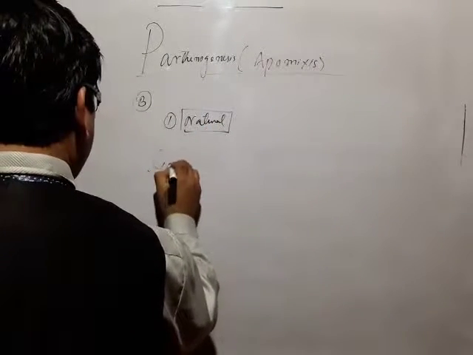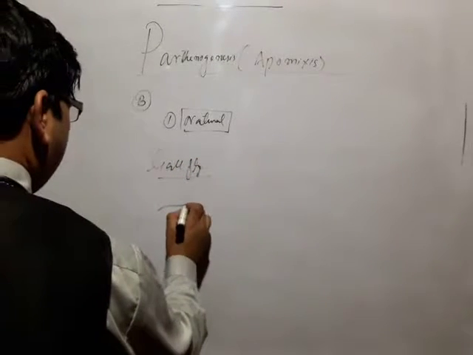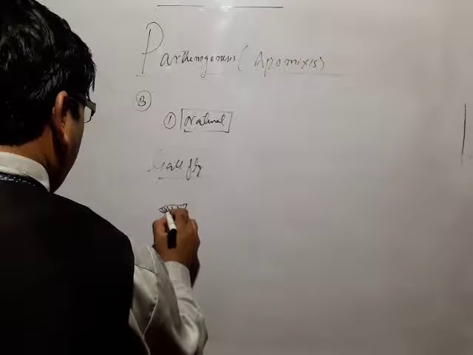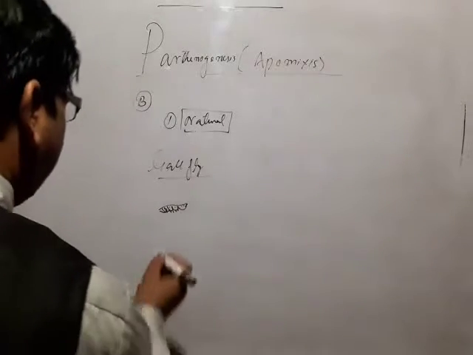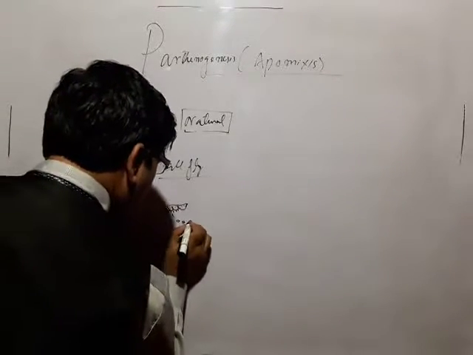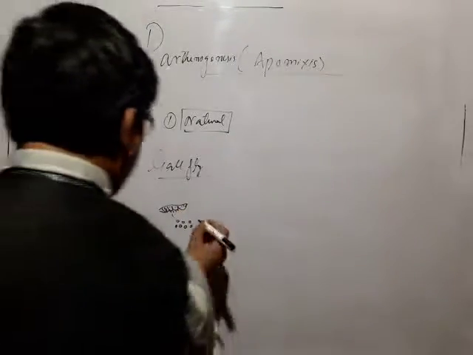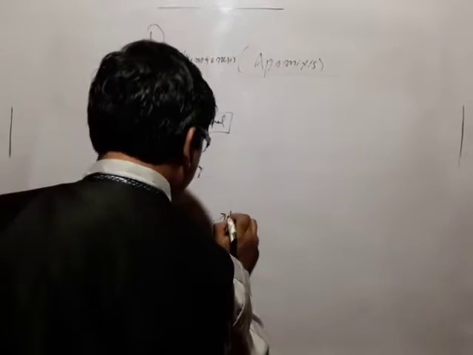In the gall fly, suppose this is the larva of a gall fly. What it does is that this larva lays some eggs. These eggs get parthenogenetically developed into adults.